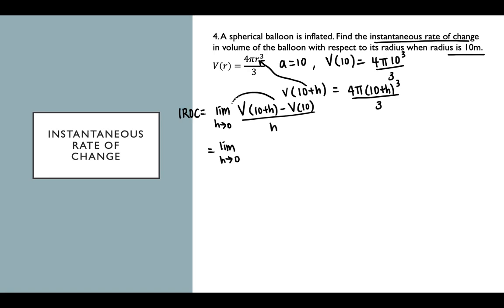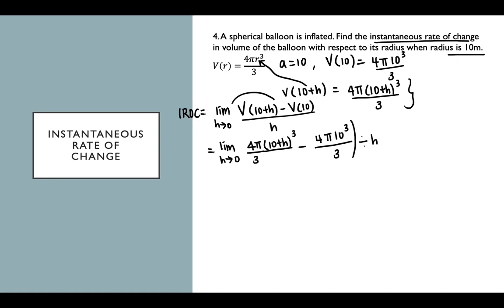So 4 pi over 3, 10 plus h cubed, minus 4 pi 10 cubed over 3, and then divided by h. I put it on the side due to space.